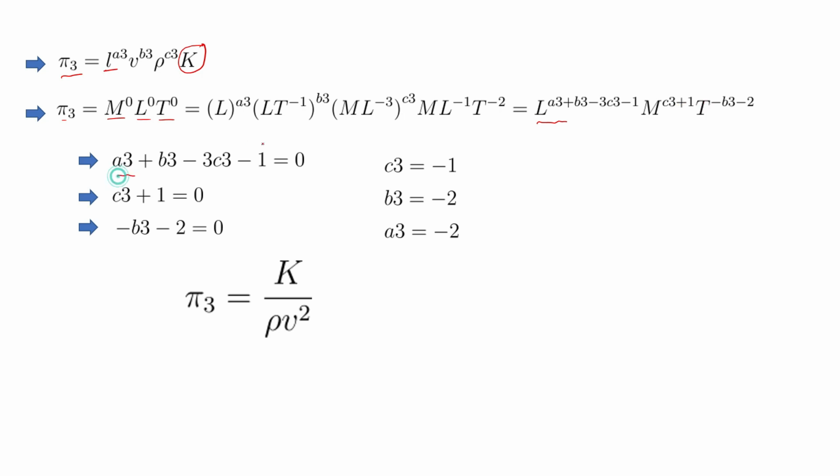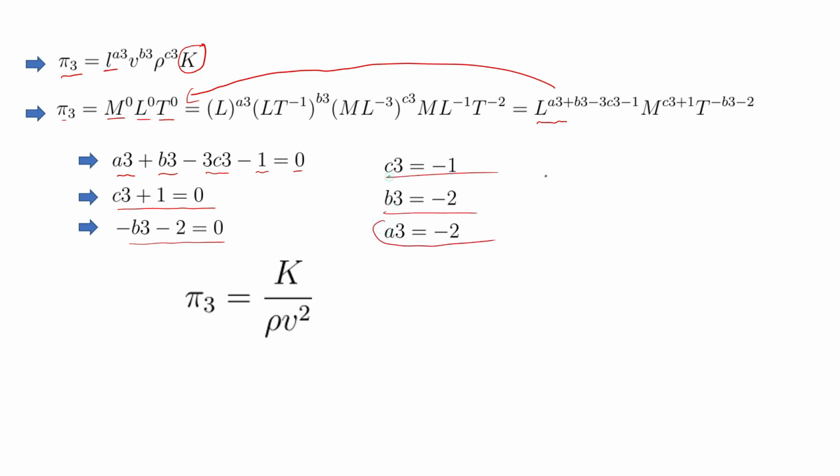So if you solve the equation, if you compare LHS and RHS, a3 plus b3 minus 3c3 minus 1 is equal to 0, c3 plus 1 is equal to 0, minus b3 minus 2 is equal to 0. And if you solve this, you will get a3 is equal to minus 2, b3 is equal to minus 2, c3 is equal to minus 1. So if you substitute it here, you will get K by rho V square.